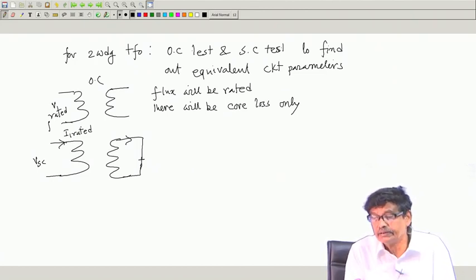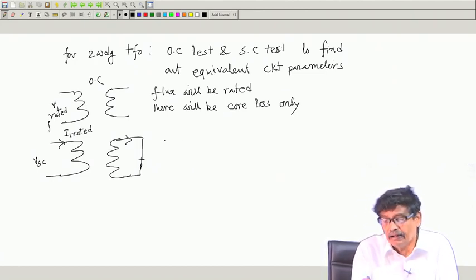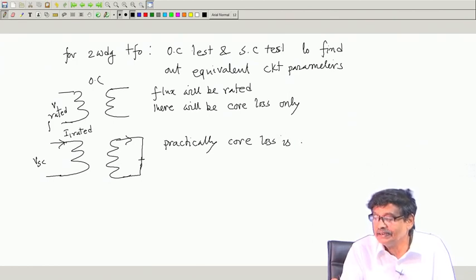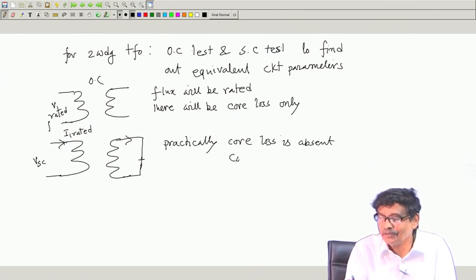So, in this test practically core loss can be assumed to be 0, core loss is absent compared to copper loss. All the losses will be copper loss.